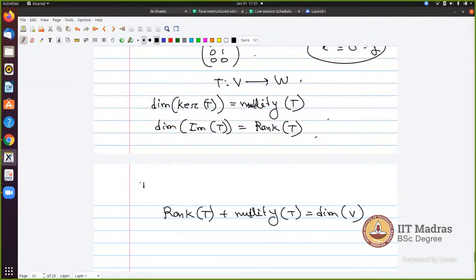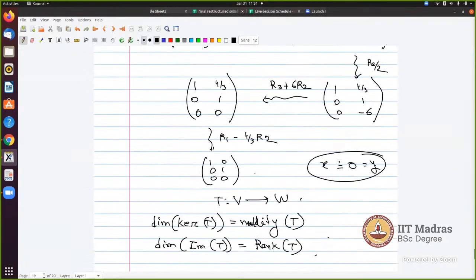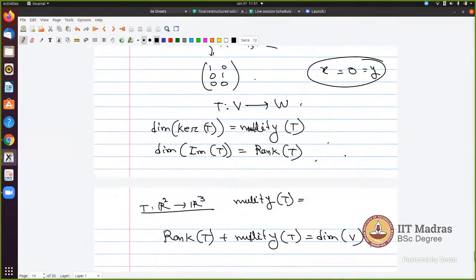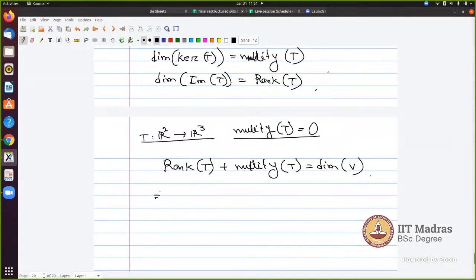Now in this case, T from R2 to R3, the example which we are dealing with, what is the nullity of T? It is 0. It is injective, right? Injective means nullity must be 0, because the kernel is the 0 subspace. So what is the rank of T?